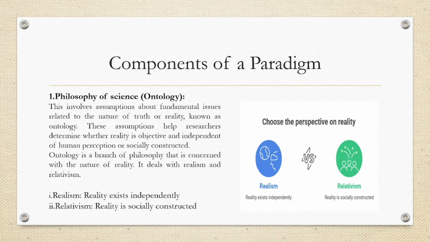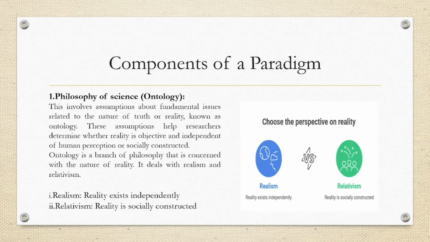The first important component of a paradigm is ontology, which belongs to philosophy of science. Ontology deals with the nature of reality and truth. It helps researchers understand whether reality exists independently or is socially constructed.